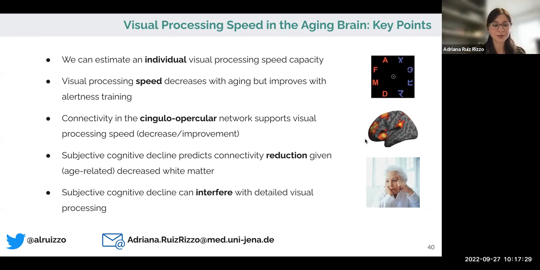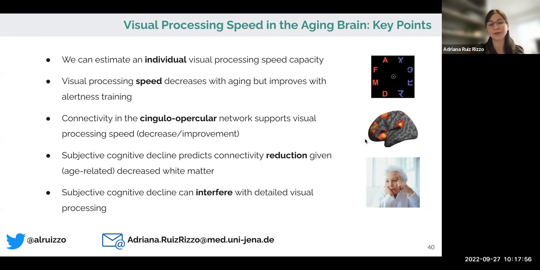So even though development and aging are part of this continuum, they still reflect very different processes. We would like to extrapolate what we see in children and development, and we would hope to see the same when there is some pathological process or pathological aging, but this doesn't seem the case.